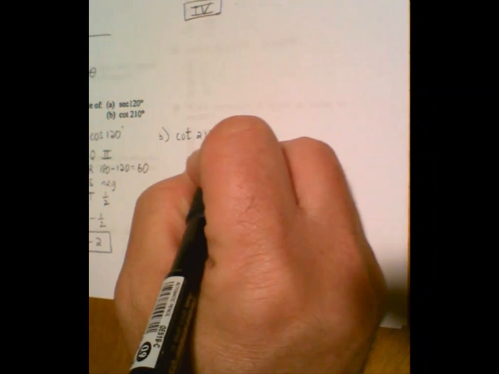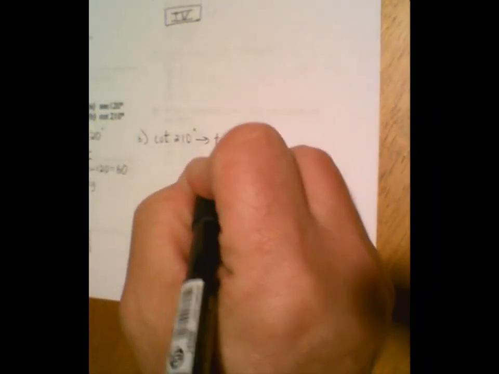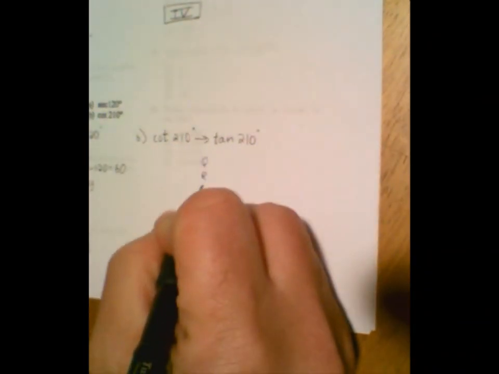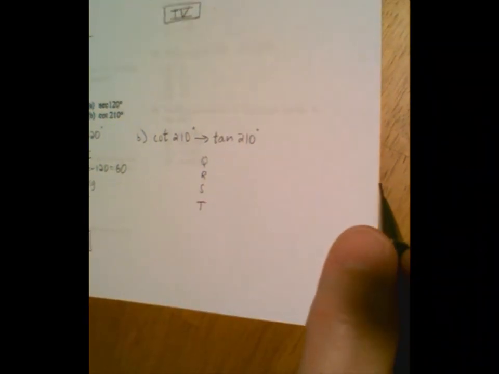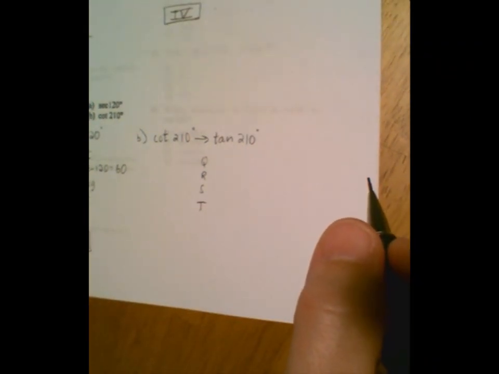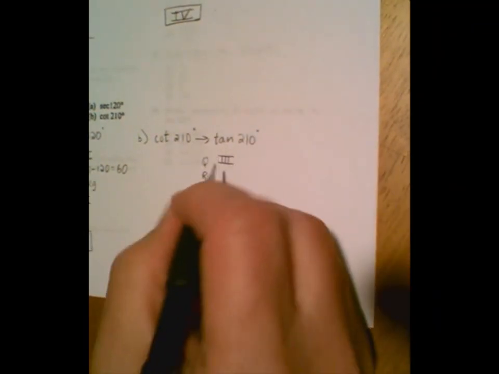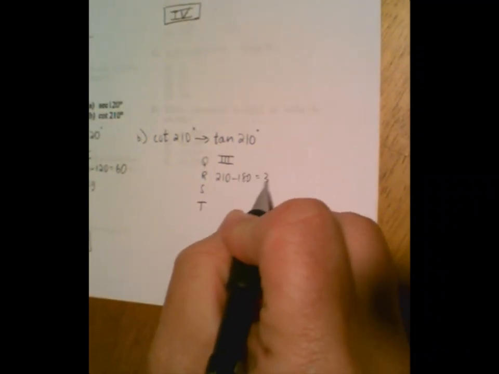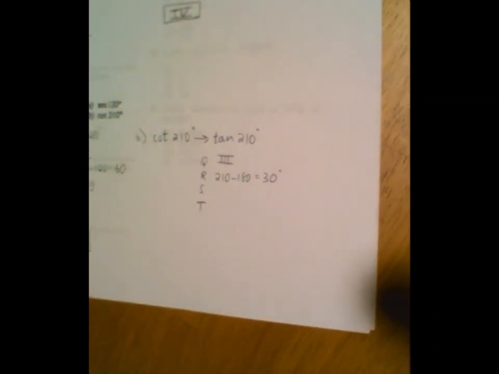Okay, the cotangent of 210 degrees. Well, it's the reciprocal of tangent of 210. So if I do QRST with tangent of 210, okay, quadrant 3, the reference angle of 210 is 210 minus 180, which is 30 degrees.